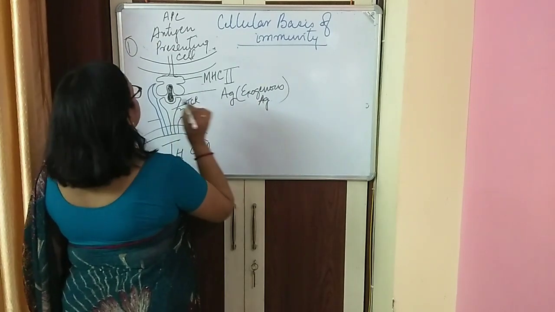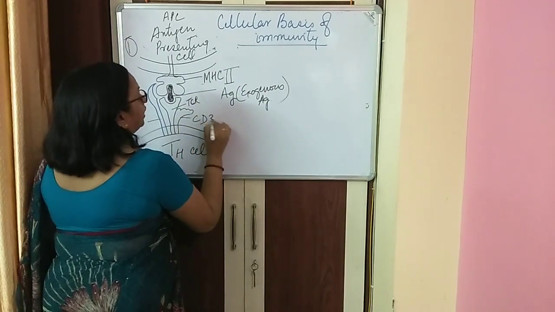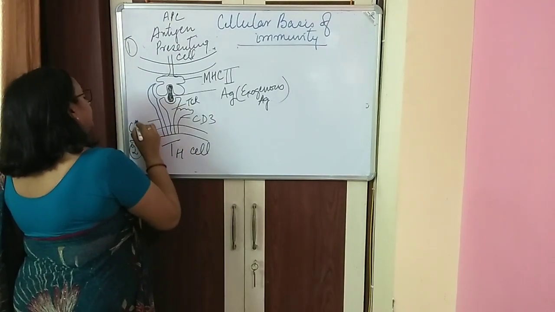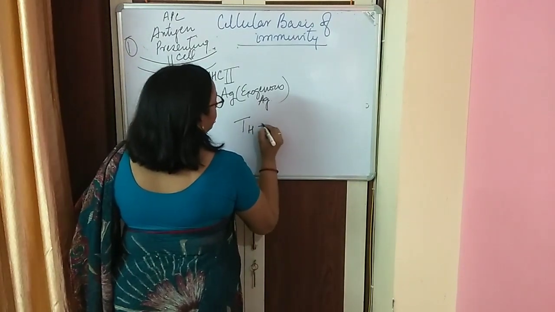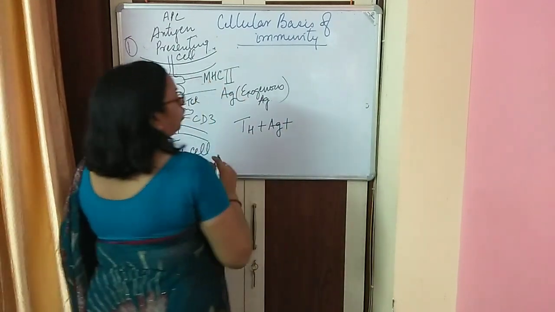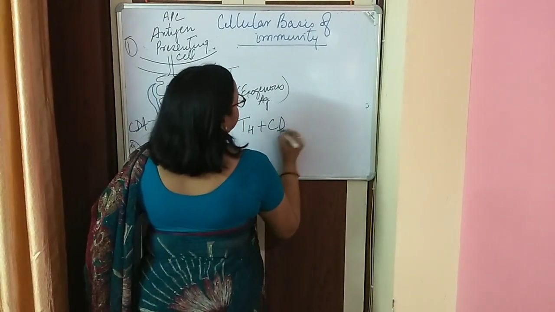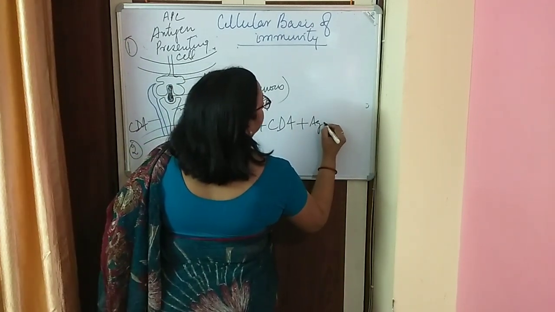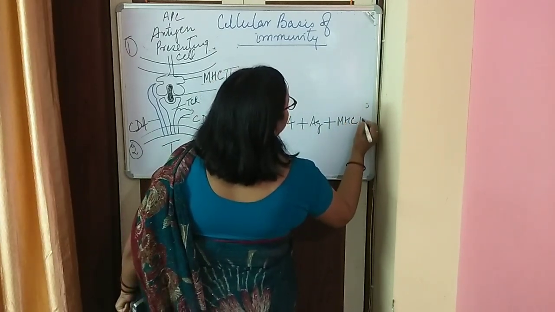So this is exogenous antigen, and the T cell receptor will be there, and CD3 will be there like in the T cytotoxic cell, and here it will be CD4. So, T helper cells with antigen, and it will have the co-stimulatory molecule. Or you should write it like this: T helper cells and CD4 receptors with antigen attached with the MHC 2.